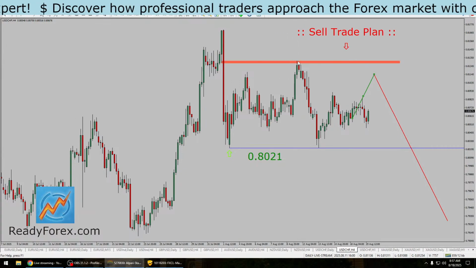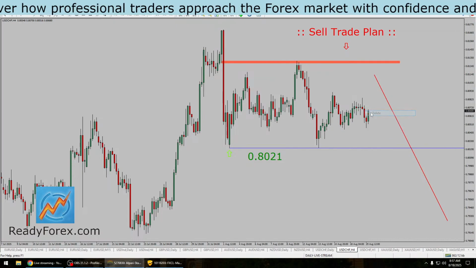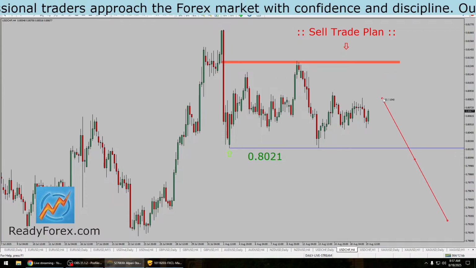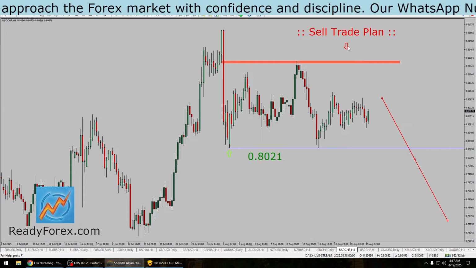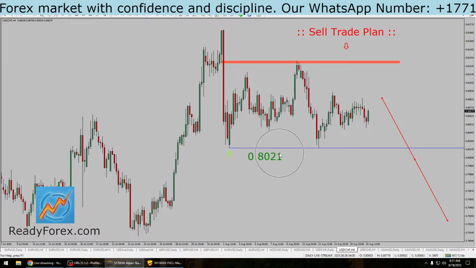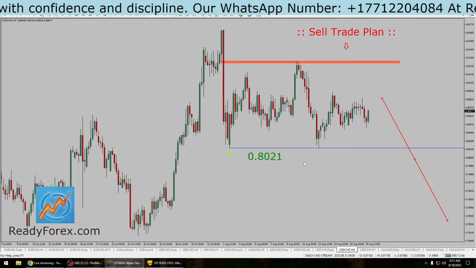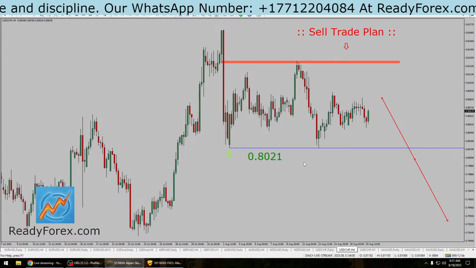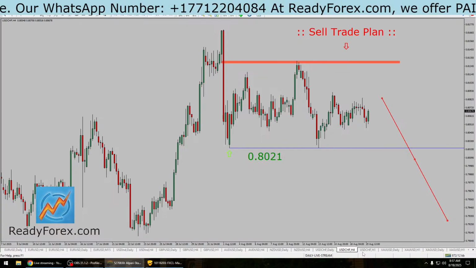So that was the old trade. My plan is to wait for a breakdown in the market now, below the 0.8021 level, and then you can use your own day trading strategies to look for potential sell trades. If you do not have a day trading strategy, you can check out my website.